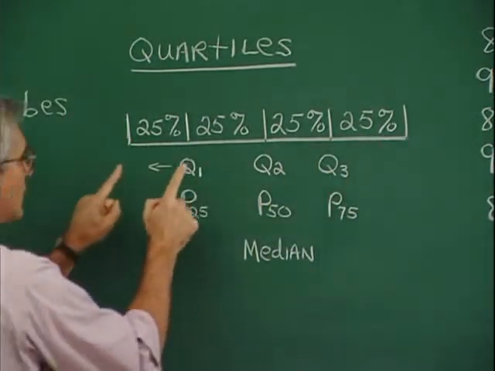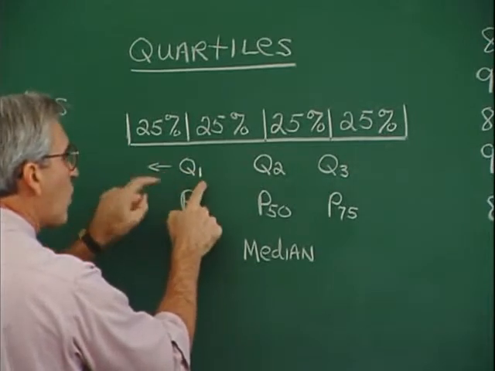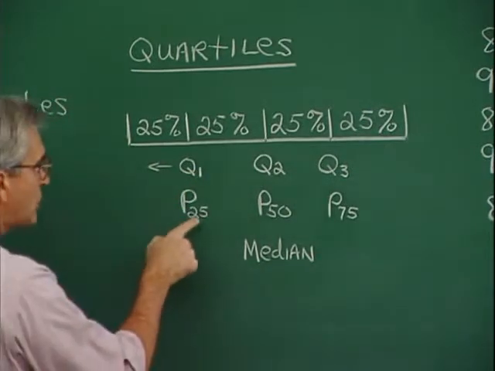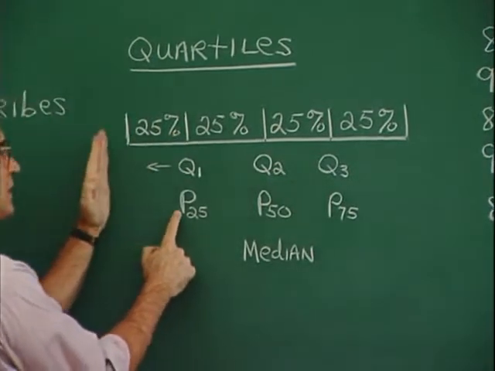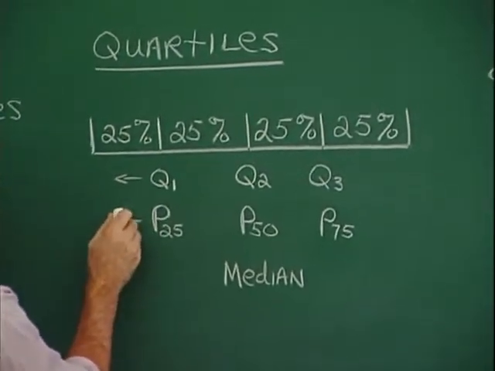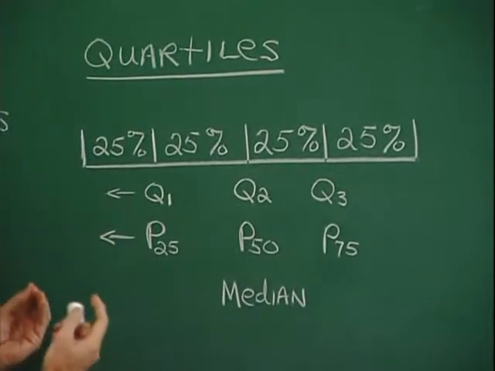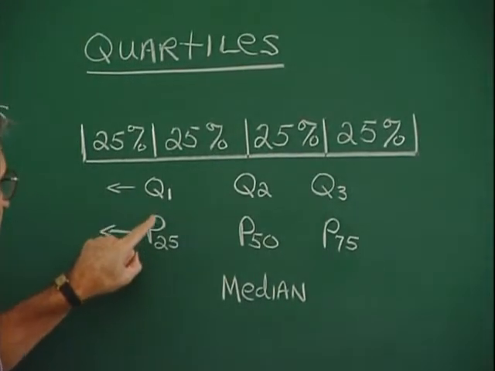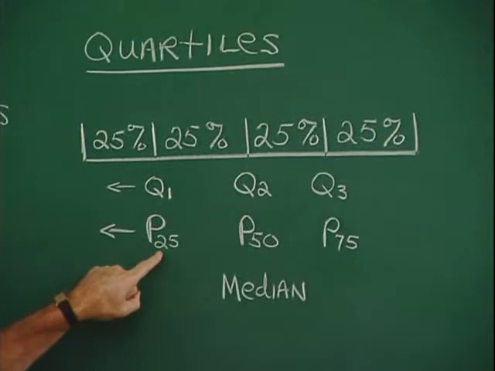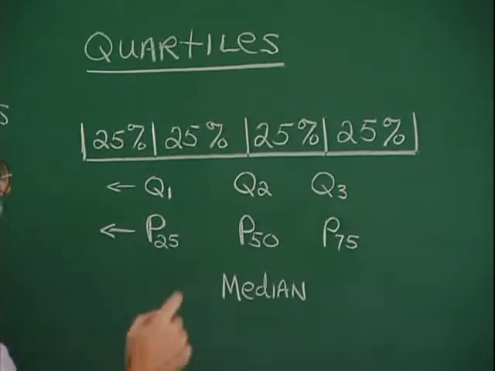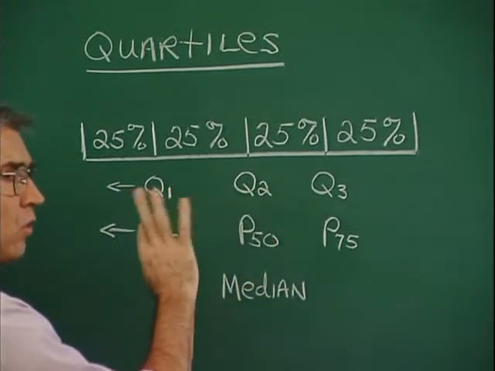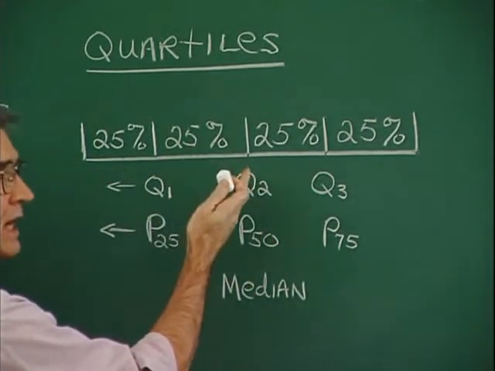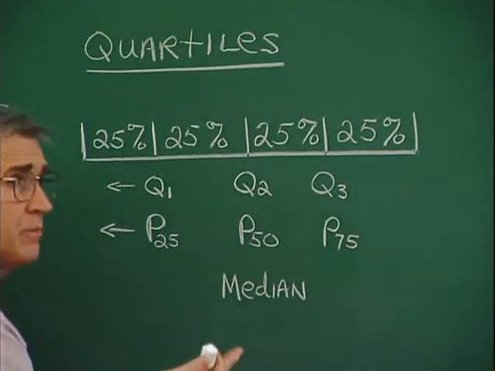Now this number, this first quartile number, is also the 25th percentile because 25% of the values lie below that number. So the same value that is the first quartile number is also the 25th percentile number. The second quartile, if we're talking quarters now, is 50%.